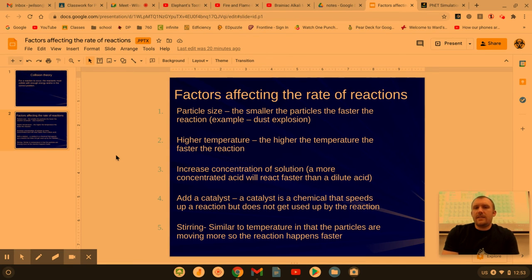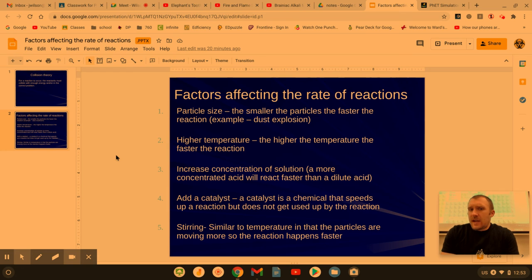So particle size. We talked about this during demo day. If you have smaller particles, the reaction can happen faster. That's because there's more surface area. If you cut something, I used the block of cheese analogy in class, cut the block of cheese in half and you exposed more of the middle. There's simply more of it. Instead of it being in one big chunk, there's more little chunks, and so there's more collisions that can happen.